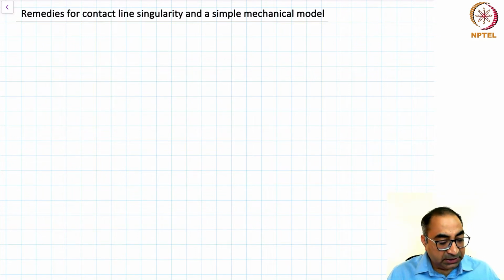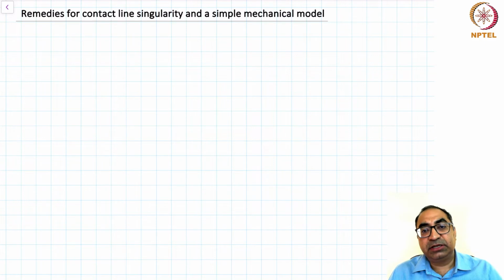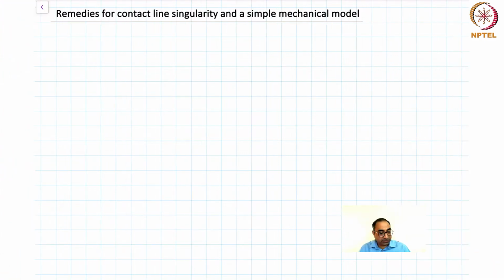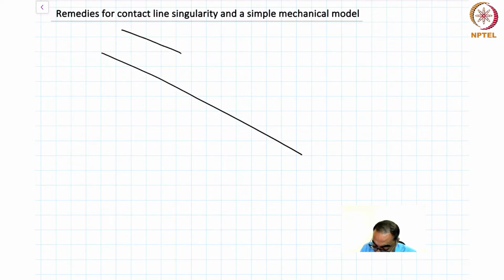So let us look at some of the standard ways in which people have tried to alleviate the singularity of the contact line. Let's consider the problem that we were looking at. It's a thin film that is flowing down an incline.